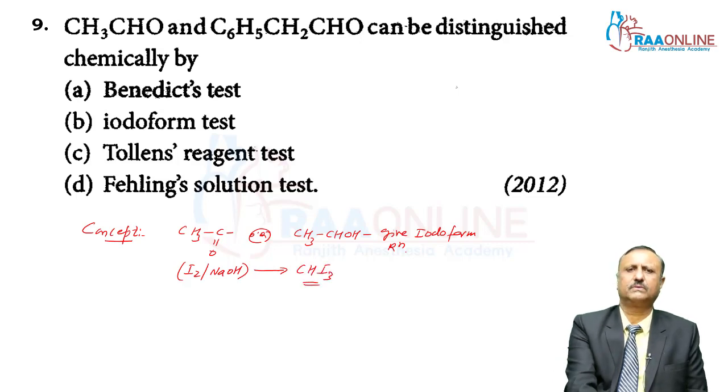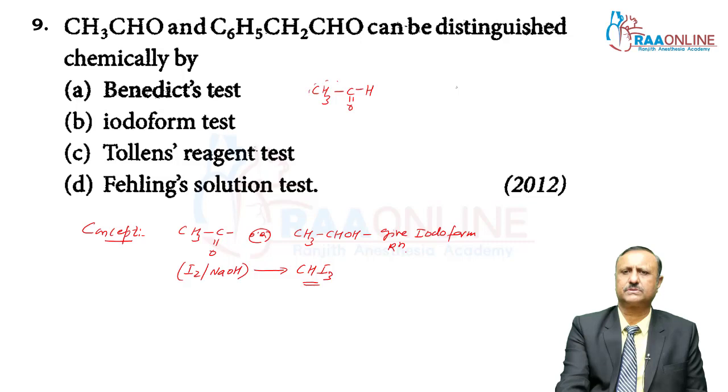My dear students, here you can see acetaldehyde, CH3CHO. This is the structural formula of acetaldehyde. So you can get the CH3CO group in acetaldehyde, and the presence of this group gives the iodoform reaction.